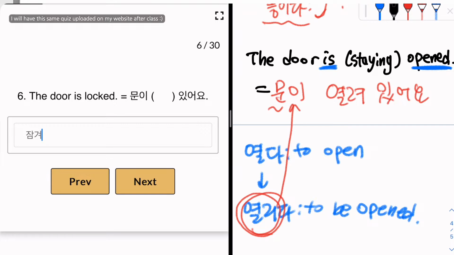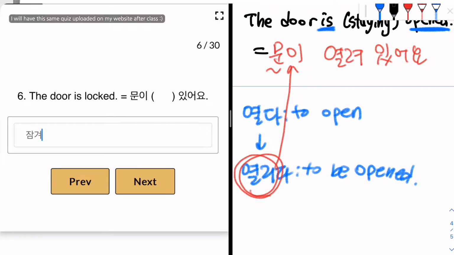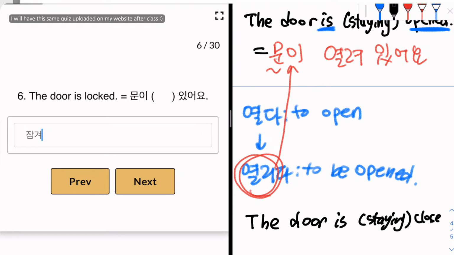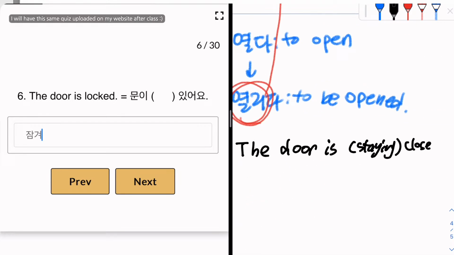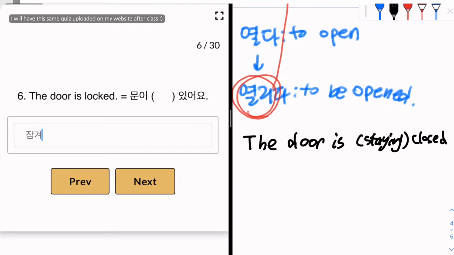And how would you say, do you guys remember how to say to be closed? To be closed. The door is staying closed. How would you translate this? How would you say this in Korean? The door is staying closed. I'll give you a hint. 닫다 means to close.